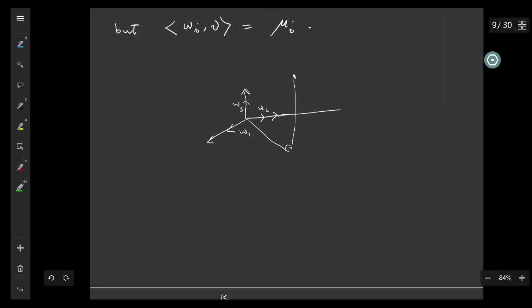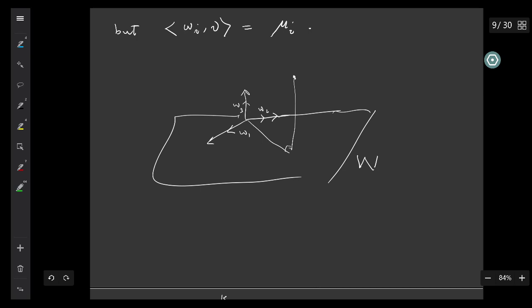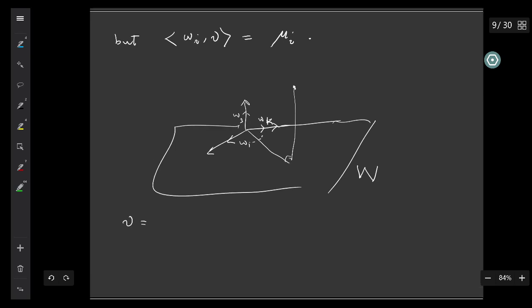Now, I consider this subspace to be W. But v was written as the sum of the inner product of v with Wi times Wi, for i equal to 1 to n.